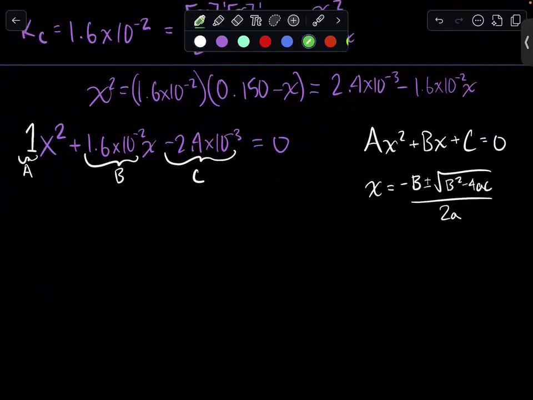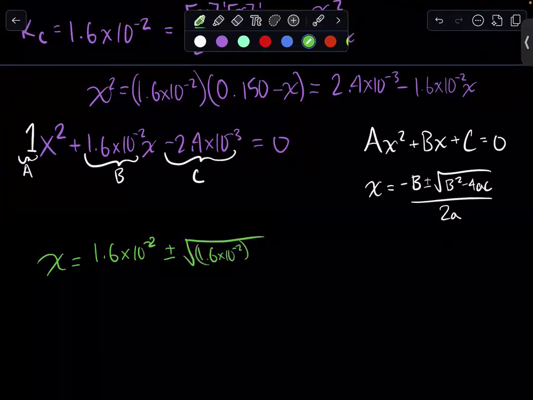So substituting our coefficients into the quadratic equation, I'm going to get x is equal to 1.6 times 10 to the minus second plus or minus the square root of 1.6 times 10 to the minus second squared minus 4 times a, which is 1, times c, which is negative 2.4 times 10 to the minus third.